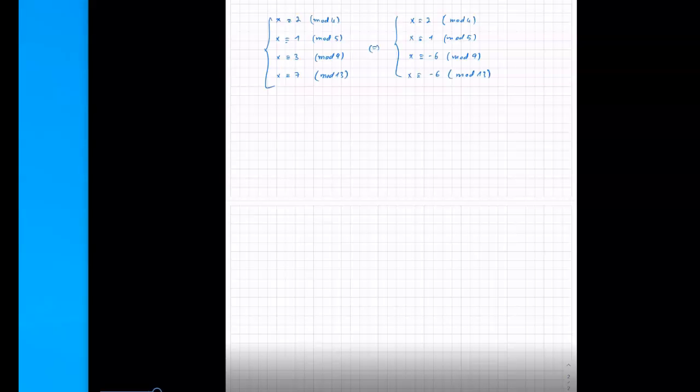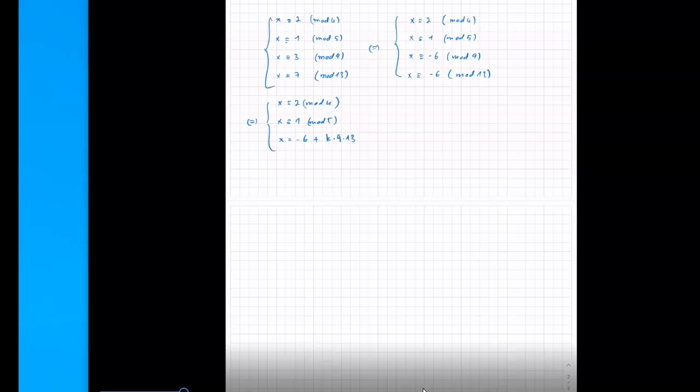So I'm able to combine the last two equations into one single equation, which will enable me to write x as minus 6 plus k times 9 times 13.